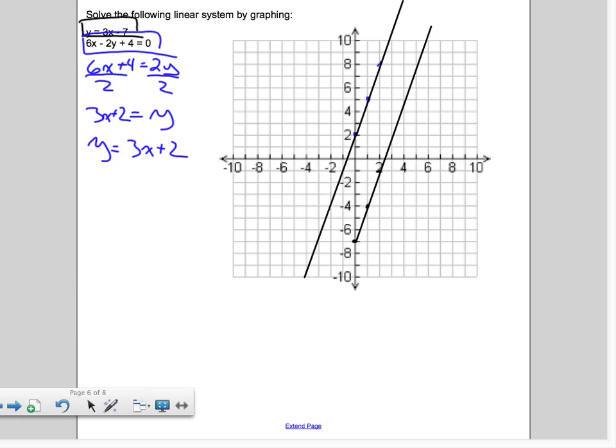So what do you see about these two lines? Where do they intersect? They will never intersect. So where's the point of intersection? It doesn't exist. There is no point of intersection. When you have parallel lines, because they will never intersect, this has no solutions.